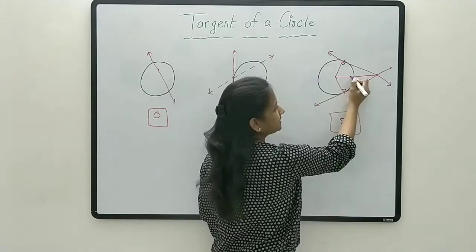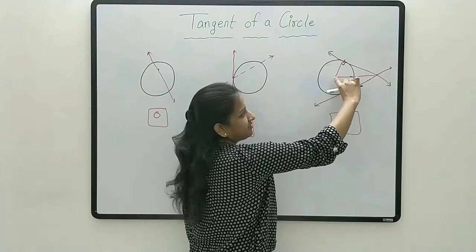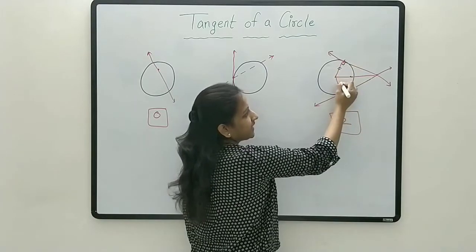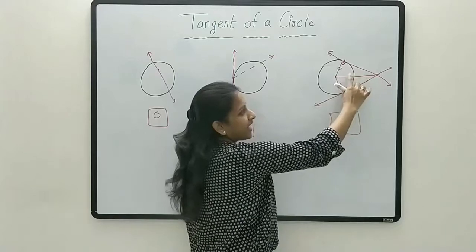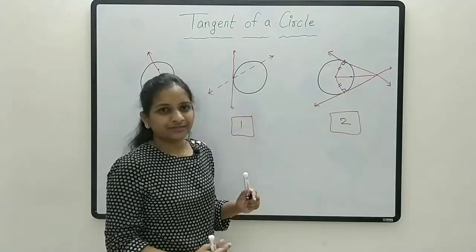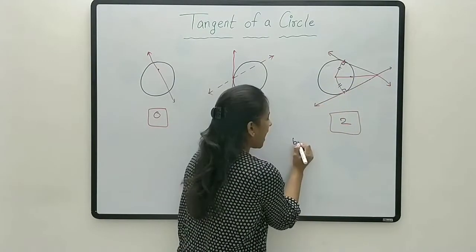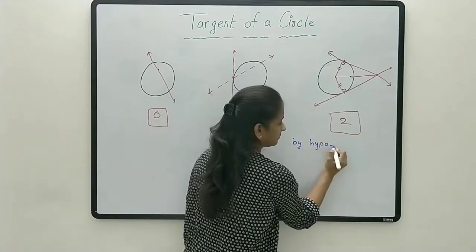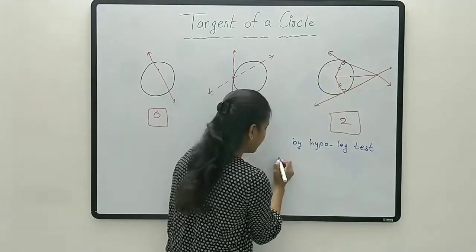So hypotenuse is equal for both the triangles, and this side is equal to this side because it is the radius of the circle. Okay, now in two right angled triangles, hypotenuse and one side is equal. That means two triangles are congruent by hypotenuse leg test. Two right angled triangles are congruent, right?